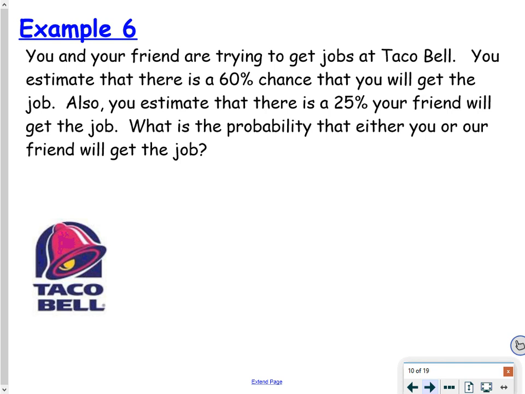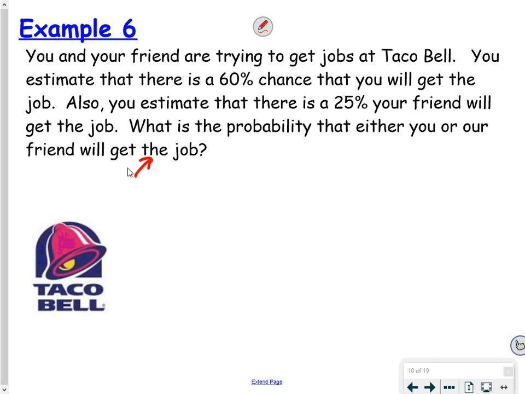Okay, so in this case, we have to think, is this overlapping? Is this disjoint? It really depends on the phrasing of the question here. In this case, it's saying the job. Since it's saying the job, I'm guessing one job is available.